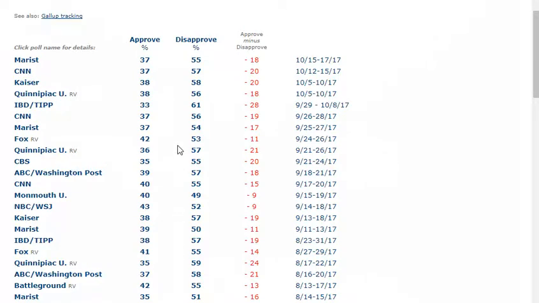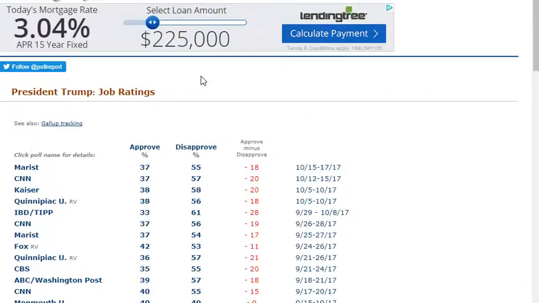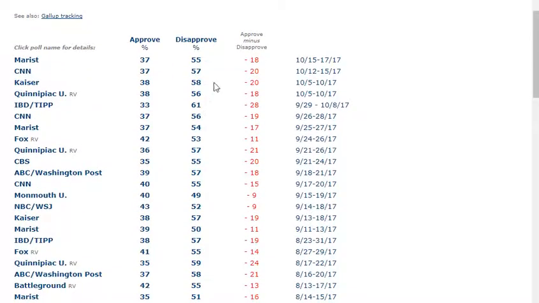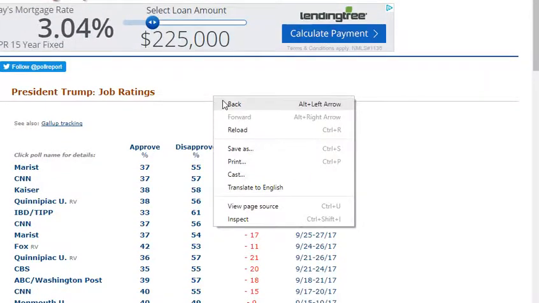So trying to stay current here, let's take a look at the most recent surveys of job approval ratings. These have slightly different results. All right, they're similar, but they're slightly different. Let me just see if we can find another one.